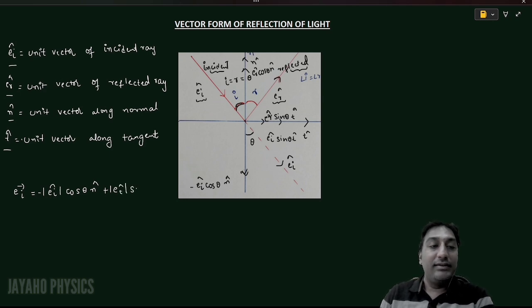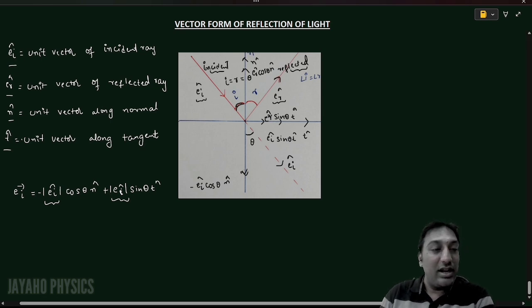We know e suffix of I cap is a unit vector. What is the magnitude of a unit vector? The magnitude of a unit vector is always equal to 1.